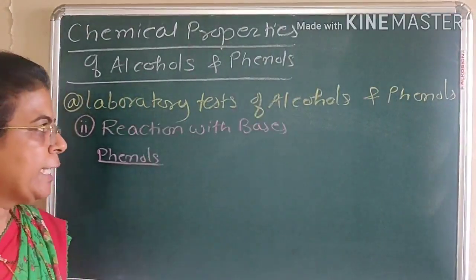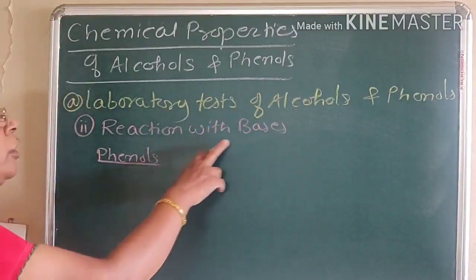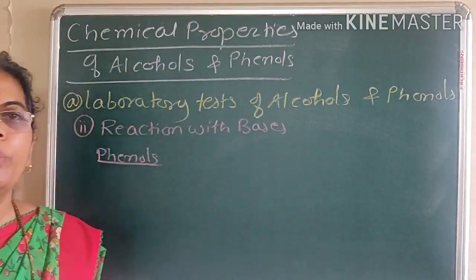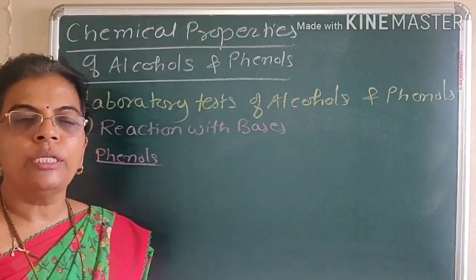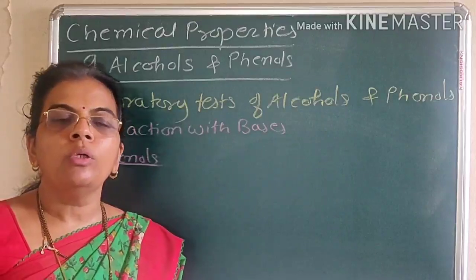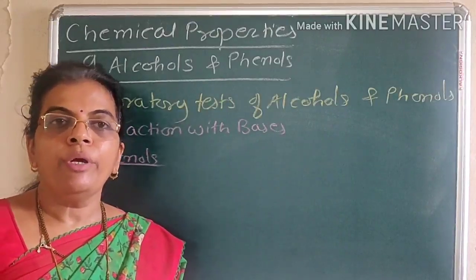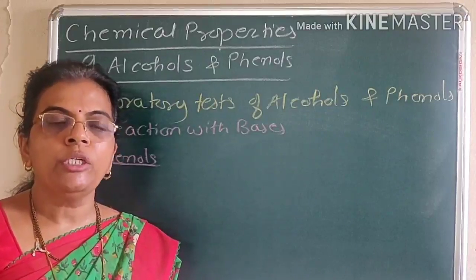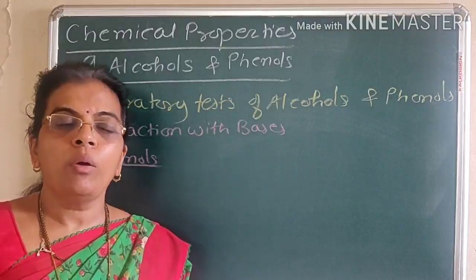Now, the second laboratory test we are going to see is reaction with bases. Now, bases or alkalis are NaHCO3, that is sodium bicarbonate, or sodium carbonate, that is Na2CO3, or NaOH or KOH, that is sodium hydroxide or potassium hydroxide. These are all bases.